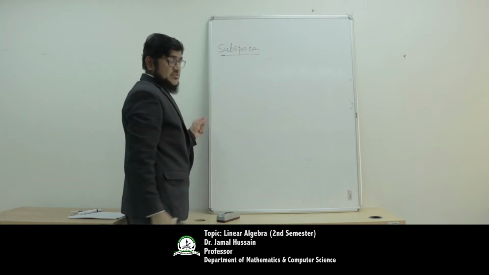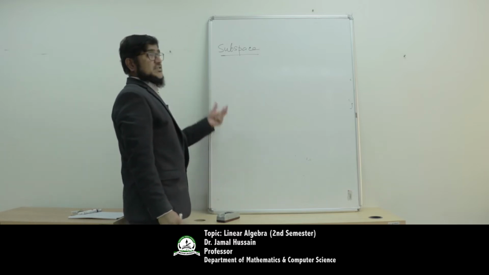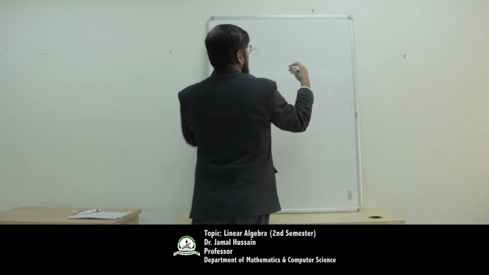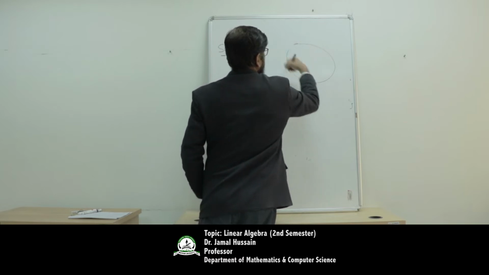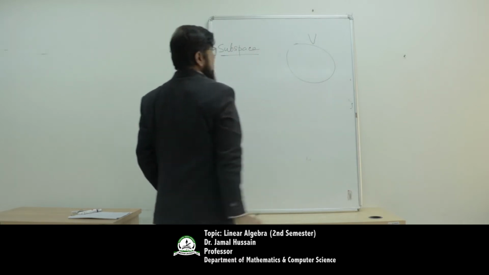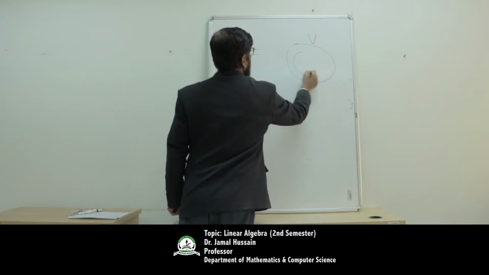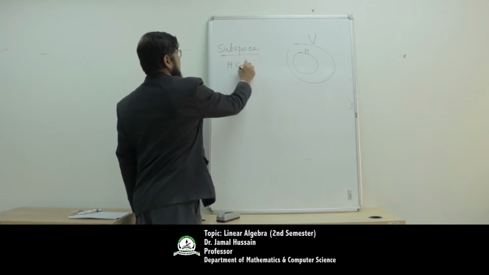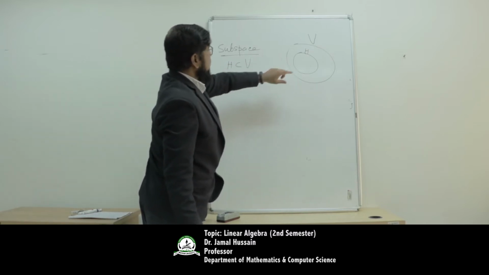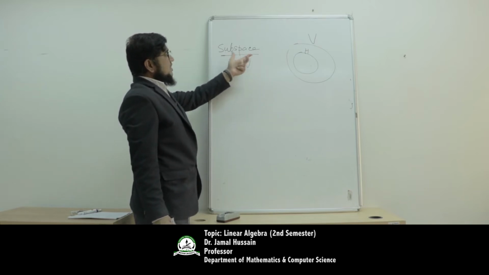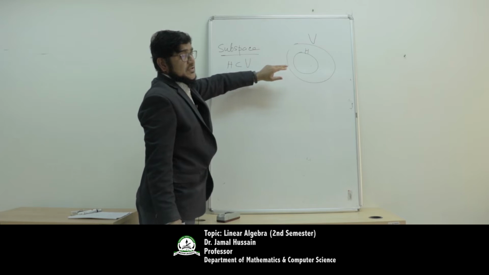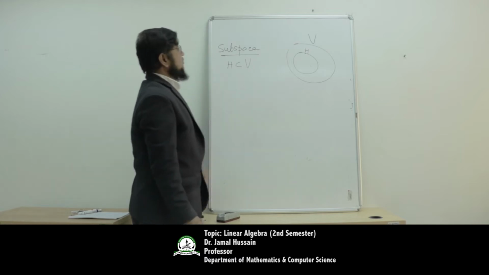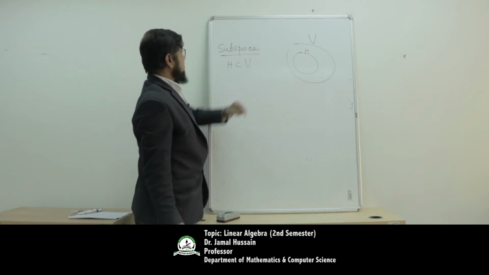Of course, it is a subspace of a vector space. We must have a vector space first, then we can define a subspace. Visually, suppose this is a set V, the vector space, and we are talking about a subset of this, let me call it H. So H is a subset of V. Then any subset will be called a subspace if it is itself a vector space under the same induced operations from V, the same vector addition and scalar multiplication.